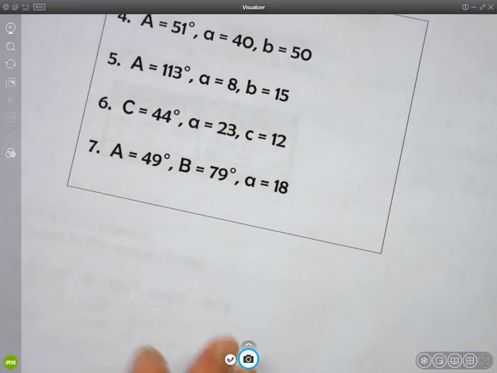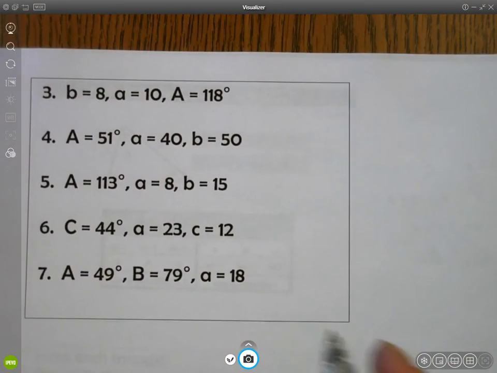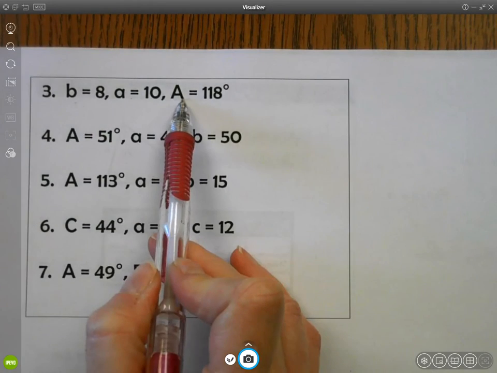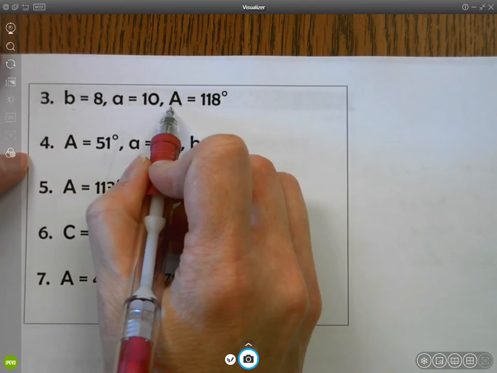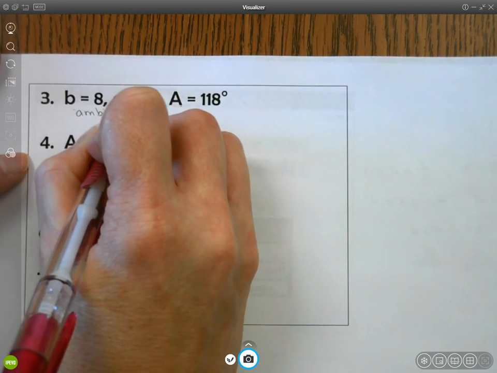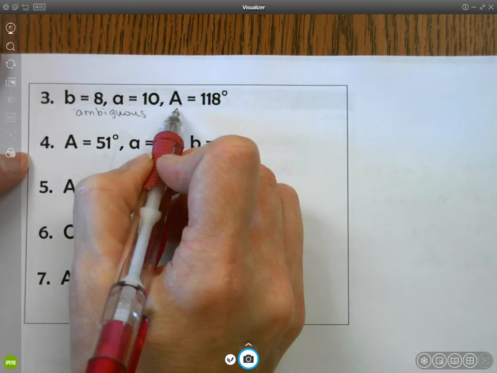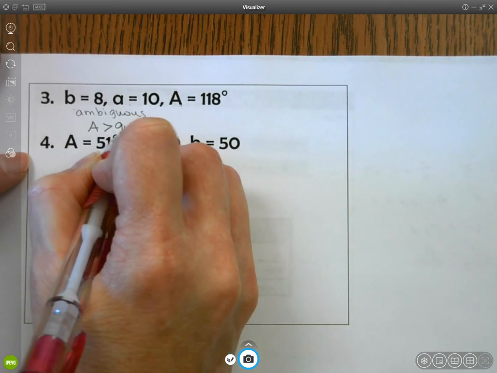Okay, so number 3. Here we have side-side-angle. So we still have ambiguous. When we look at our angle, we say that that is more than 90 degrees.